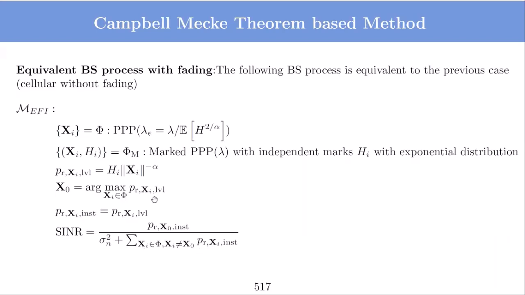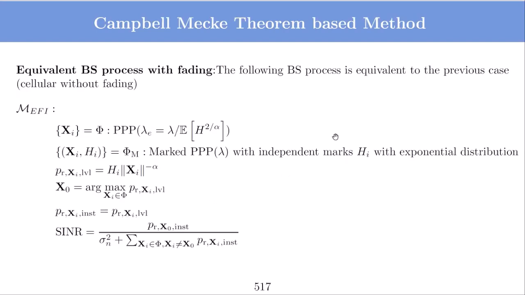Then you can show that this is equivalent to a cellular network with base station density lambda and base station points at xi with no fading. Because there is no fading, the power level is x to the power minus alpha, and you select the one which gives you the maximum power level, and the instantaneous power in that case is also equal to the power level because there is no fading.